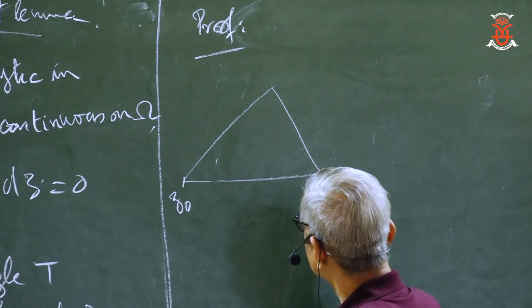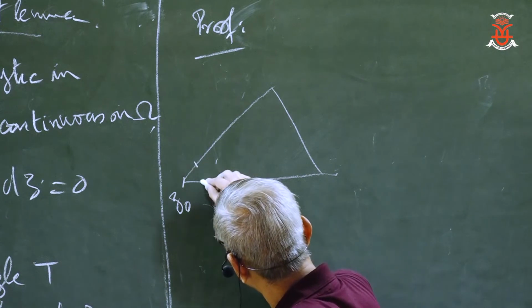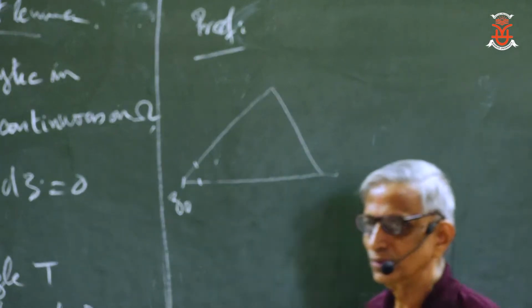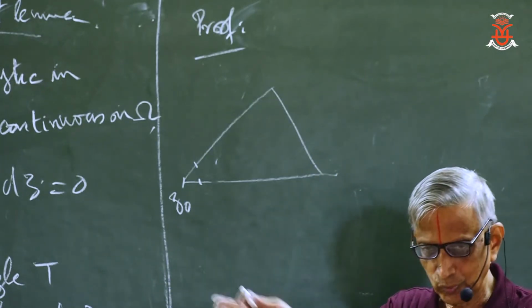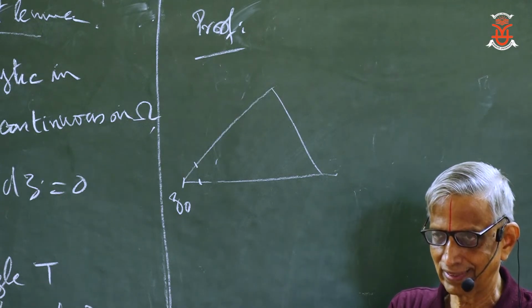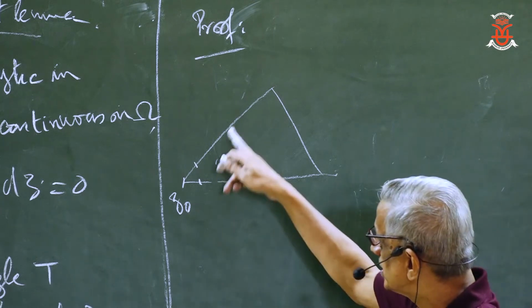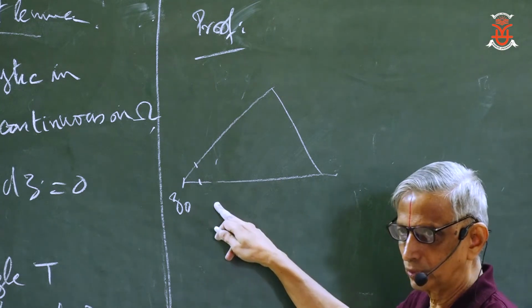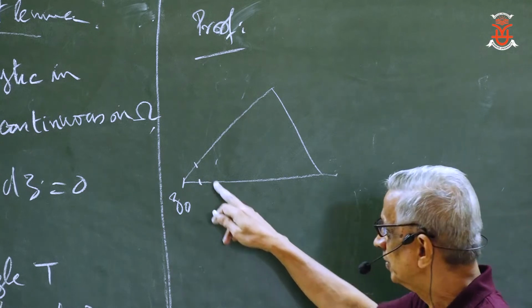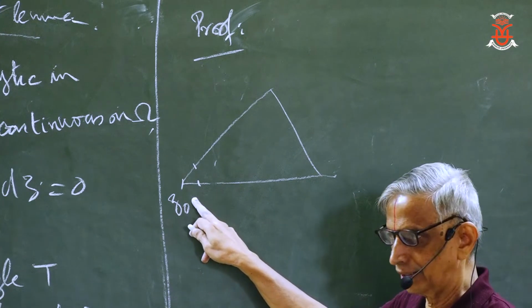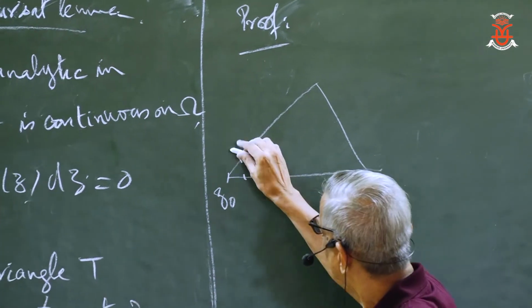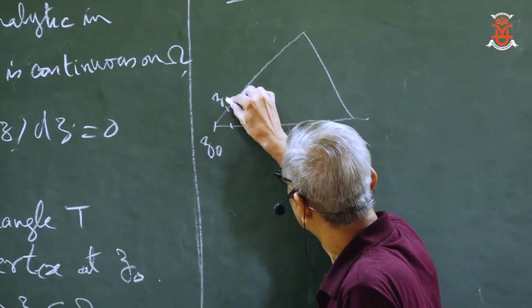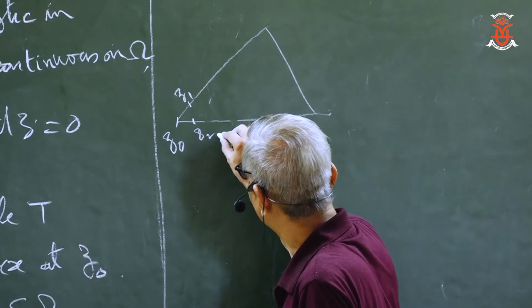So what you do is, you have two sides of the triangle with vertex at z0. On each of those you take a point close to z0. Right? Let's say z1, z2.